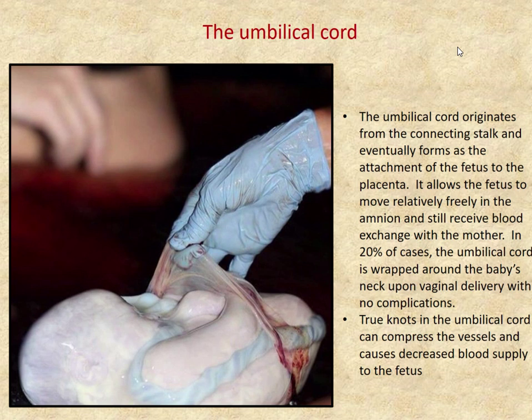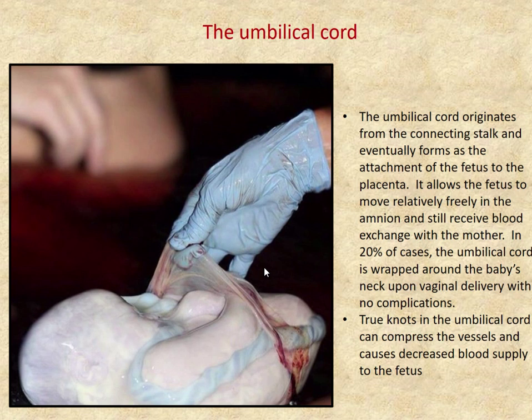The umbilical cord allows the embryo and fetus to move around and do flips and not be confined to one small area, because babies come in all different shapes and sizes, and the cord can be of different lengths. Oftentimes the cord is wrapped loosely around the baby's neck, and this is pretty common, in 20% of cases.